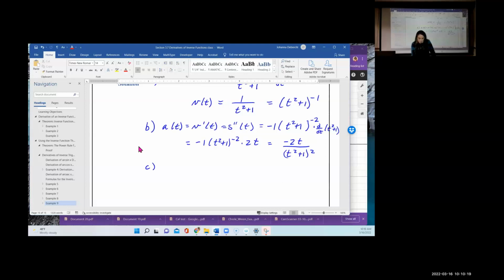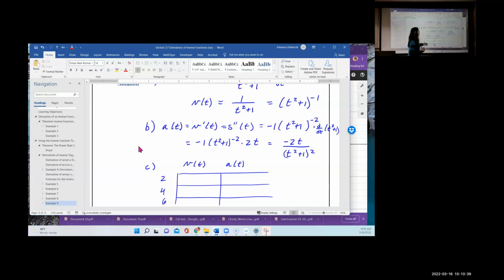In part C, we want to find these at 2, 4, and 6 seconds. So we can find v of t and a of t at 2, 4, and 6, and we'll create a small table of values. At 2 seconds, when I plug 2 into the velocity, 2 squared is 4 plus 1 is 5, so I get 1/5.